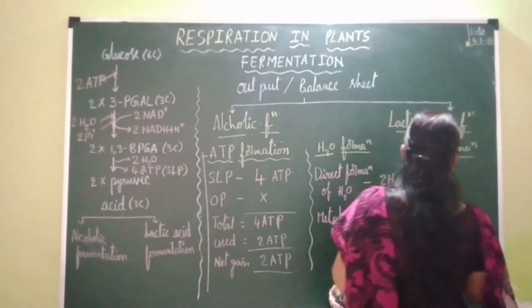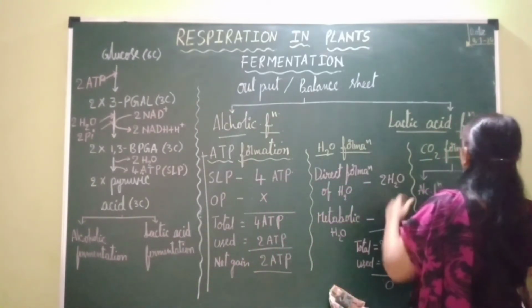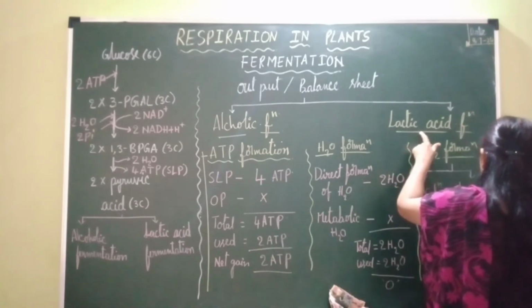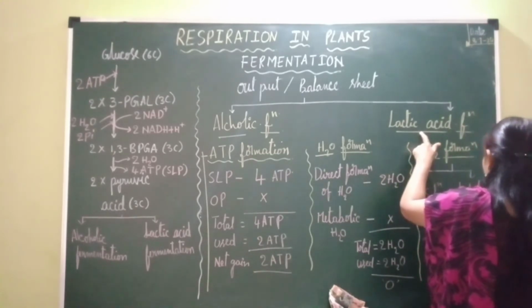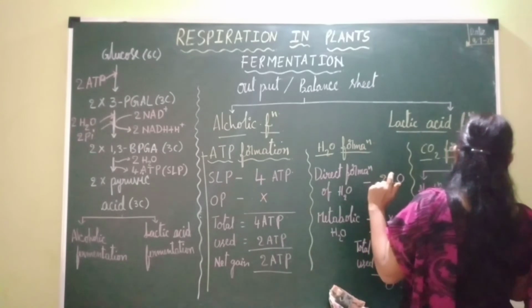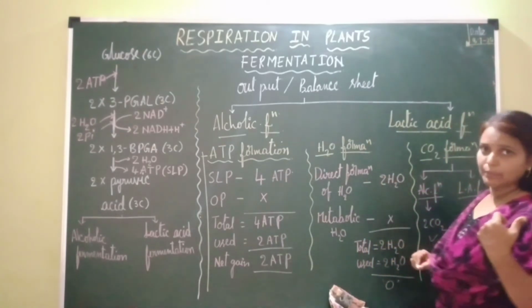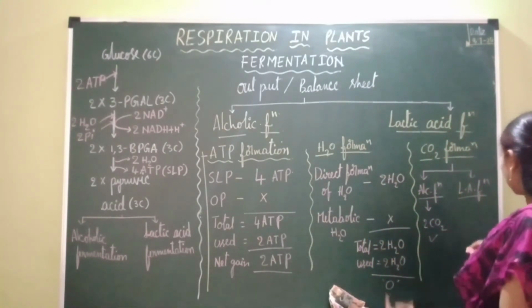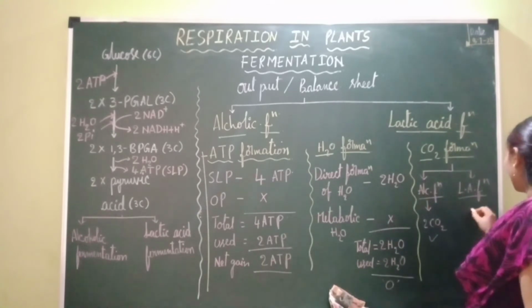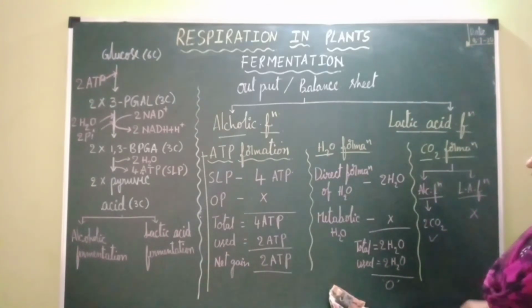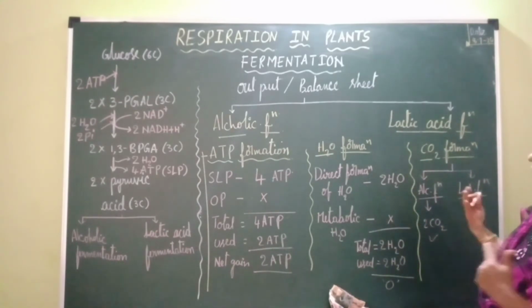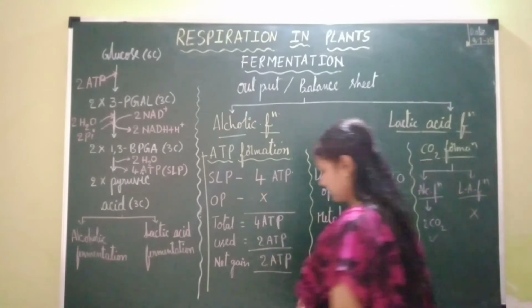Whereas in case of lactic acid fermentation, there is no release of carbon dioxide because there is no step of decarboxylation. So this is all about the output or balance sheet of fermentation, both alcoholic fermentation and lactic acid fermentation.